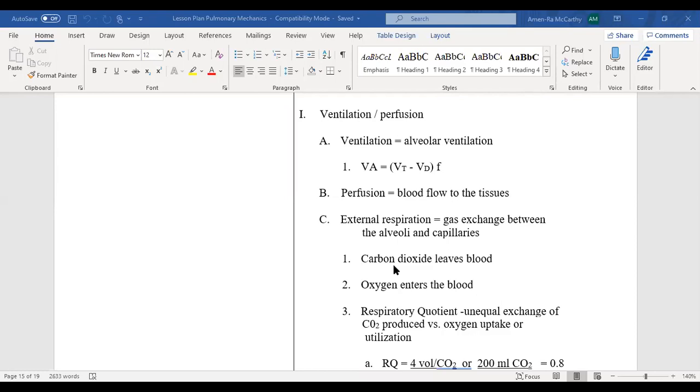Well, this capillary is full of deoxygenated blood, right? This is the right side.